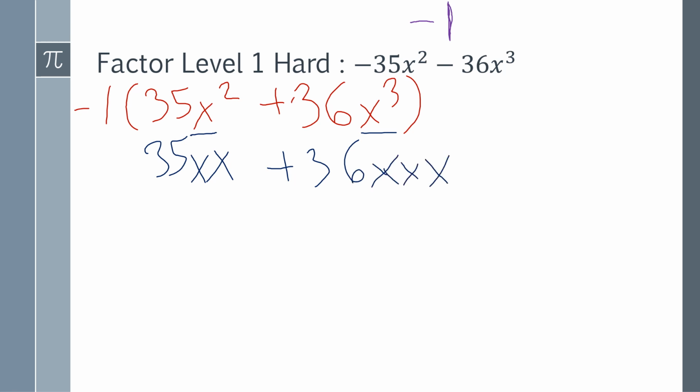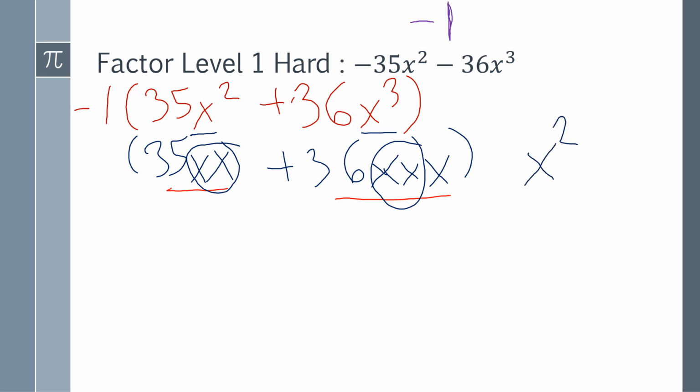You can't subtract 3 x's on both sides of this expression, because over here I only have 2, but on the right hand side I have 3. So because of that, I can take only just 2. And with that being said, my greatest factor of that is x to the power of 2.